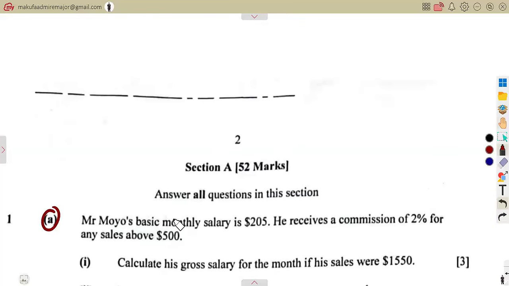Mr. Moyo's basic monthly salary, that is the basic monthly salary, is $205. Take note, he receives a commission of 2% for any sales above. This is the key statement here.